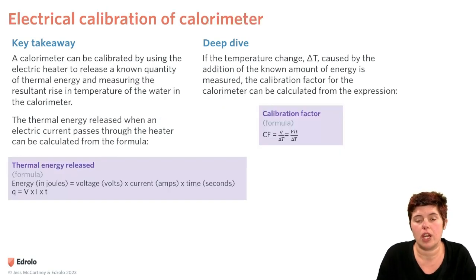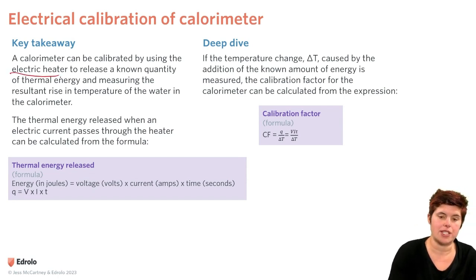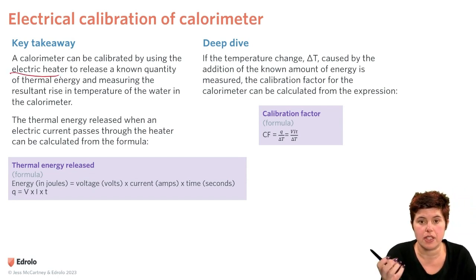There are two ways to calculate the calibration factor. The first one is an electrical way, using an electric heater. This is when you have a specific calorimeter that has this function. This won't work with just a beaker or anything like that. It needs to be a proper piece of equipment.